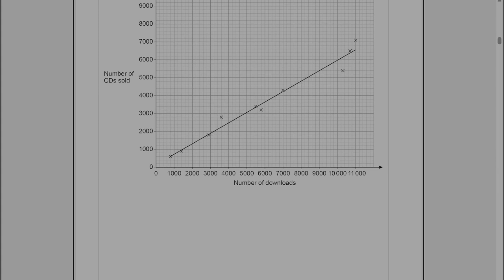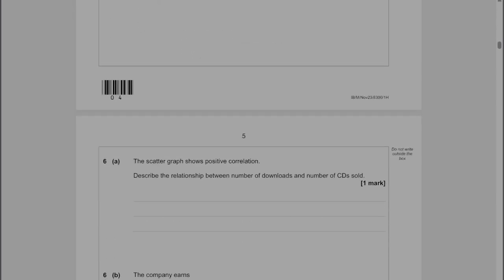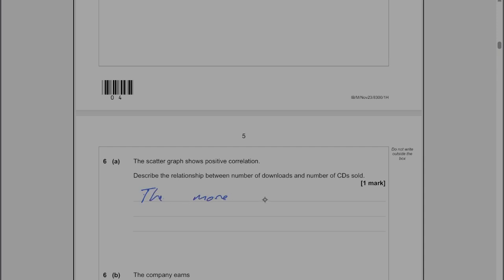So we've got to describe the pattern. Positive correlation isn't good enough. Positive correlation means that the higher the number of downloads, the higher the number of CDs sold. So to describe it, I'm going to do it the other way around, just because I'm going to write that one first.